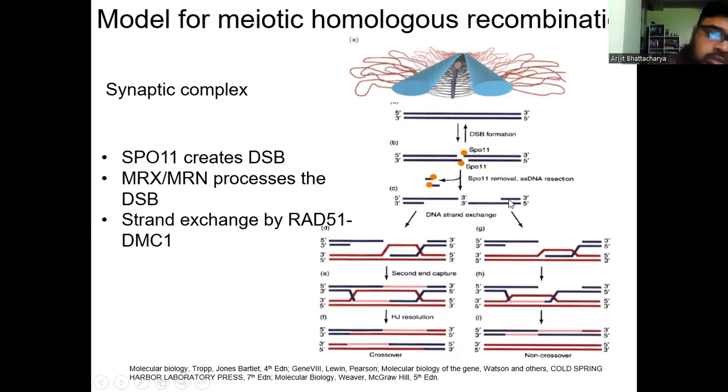So these components are dedicated for meiotic recombination as proposed, and at the synaptic complex of chromosomes undergoing meiosis, these components can be identified.